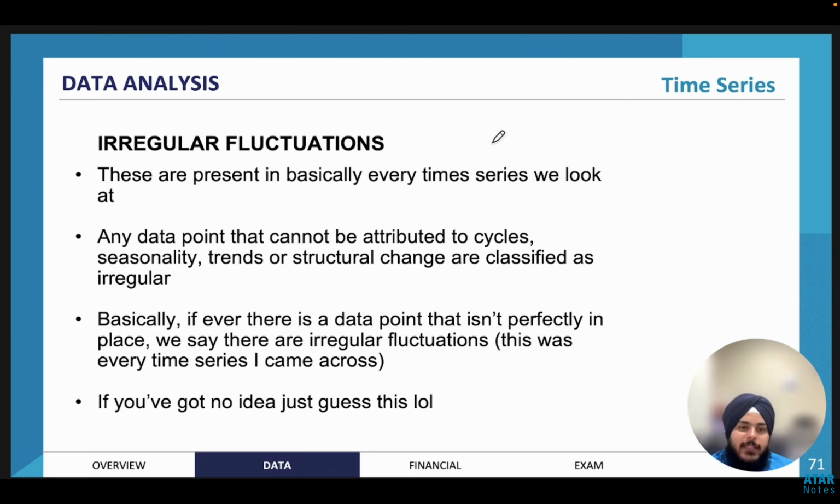So whilst we might represent a seasonality graph to look something like this, although we have that seasonality pattern, we can see these fluctuations, which is what the irregular fluctuation is.